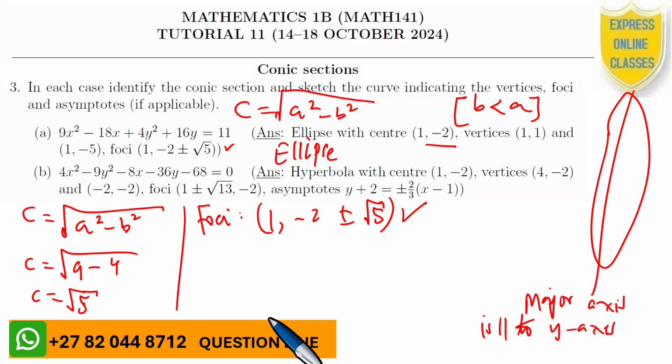And so now, let us look at the next question. So now we're going to look at 3b.